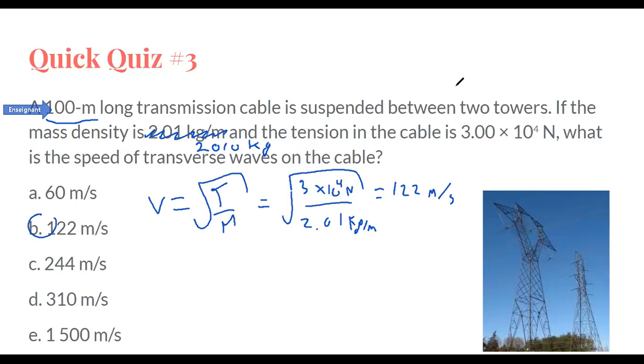So then it'd be up to you to say, okay, this is the whole weight of the cable, and assuming it's uniformly distributed, we can find its mass density by taking how much mass it has over how much length there is. So that would be 2010 kilograms divided by 100 meters. And you'd get 20.1 kilograms per meter as your mass density. So sometimes the distance might be important.